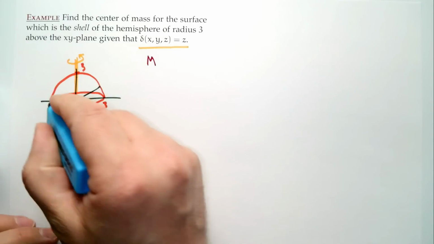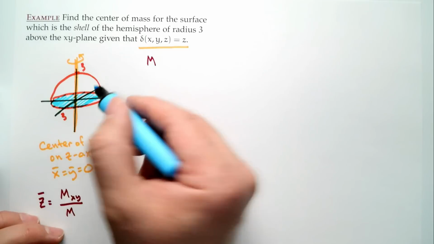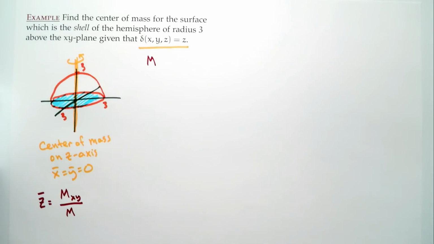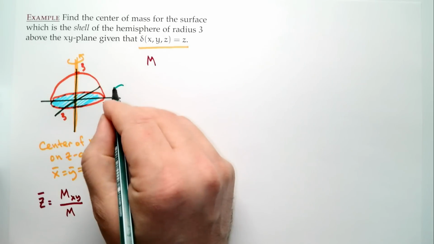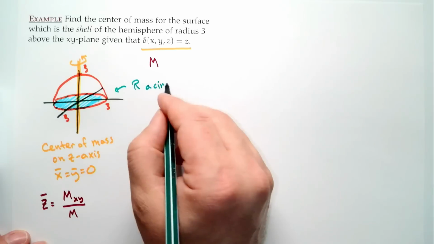Well, the region is easy to spot. It's our region here in the xy plane, which is the bottom of the circle. So our region R is going to be a circle of radius 3.